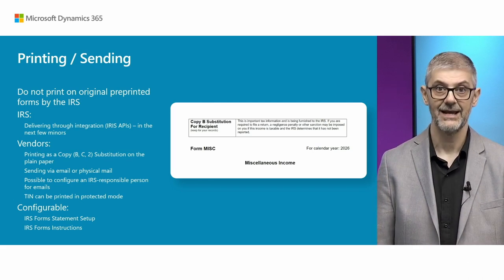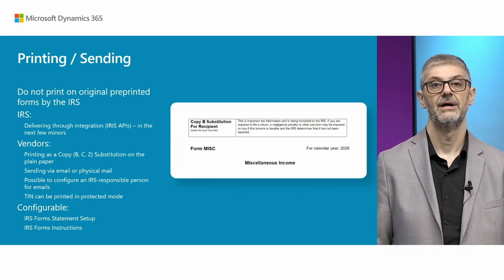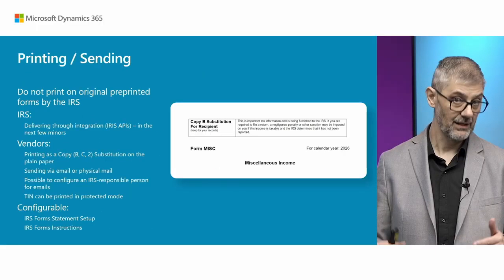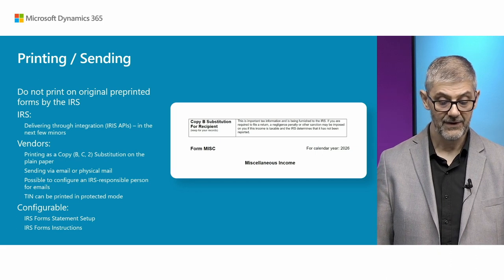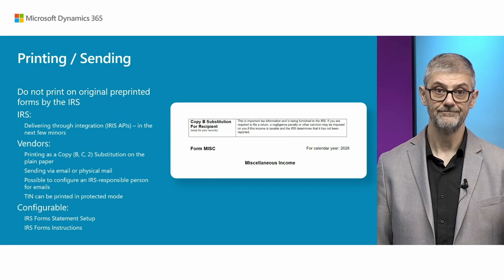Just to remind you once again, you will not print the original pre-printed form by IRS, so you will not order original forms from IRS anymore. Now, you will deliver to IRS through integration with IRS APIs, as I said, in the next few minutes. And for vendors, you can print copy B and 2.